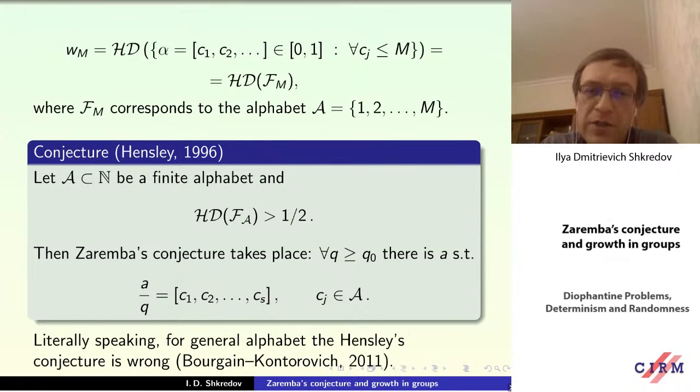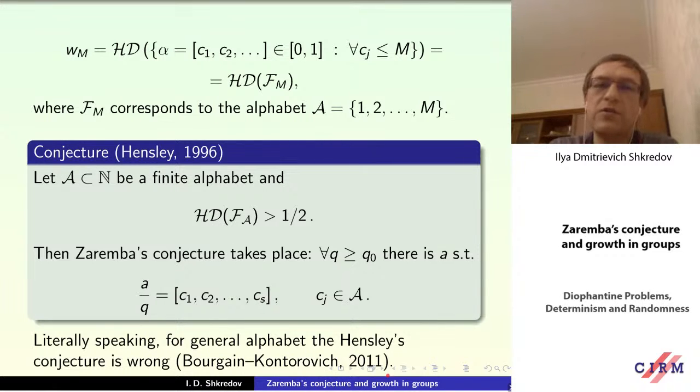And I will explain to you the heuristic of Hensley, which explains why we can believe in the Zaremba conjecture even in this strong and general form. Actually, in this strong and general form this conjecture fails, and it was shown by Bourgain and Kontorovich, but it fails for some a little bit trivial reasons.